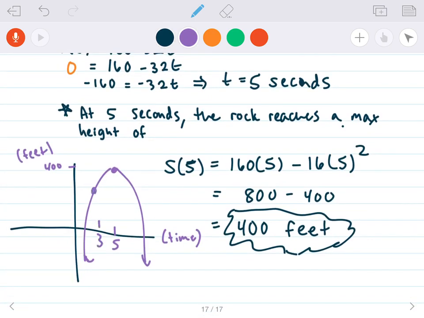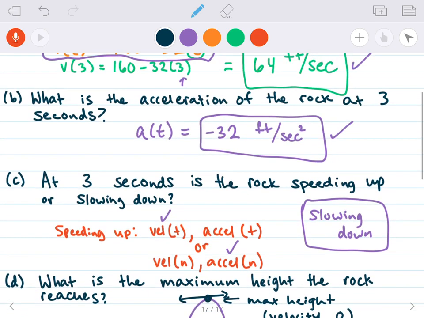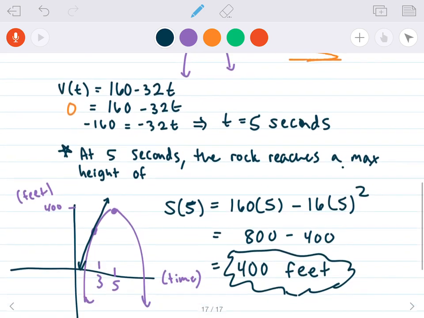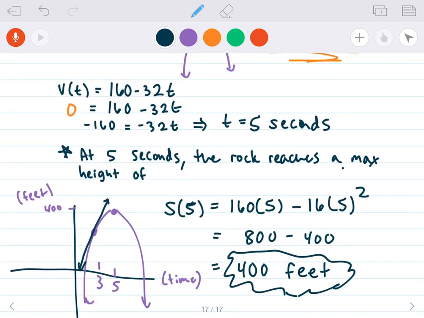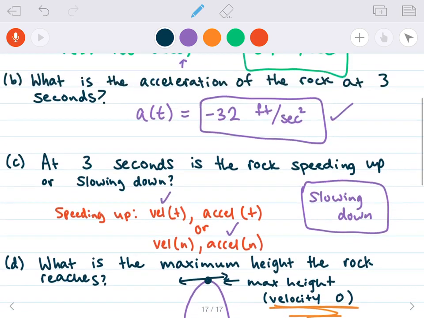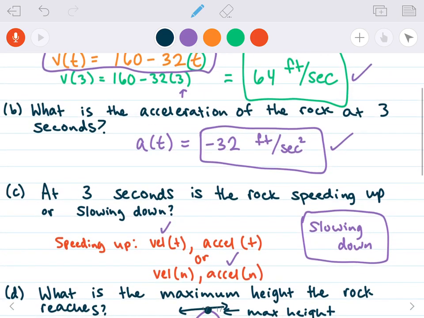And so what this is telling me is the slope of this line is going to be what? Well, it's going to be 64, right? Because that's the velocity. So that was the first thing we figured out. The second thing we saw was that the acceleration is constant throughout the rock's flight.